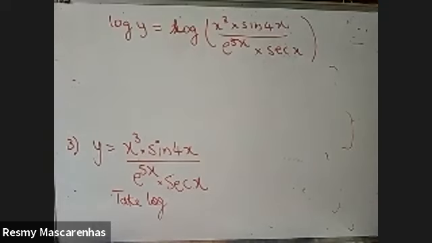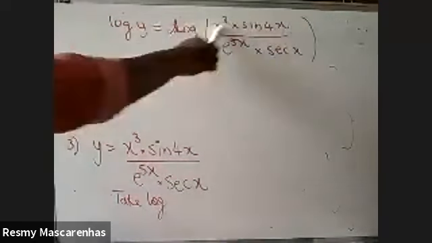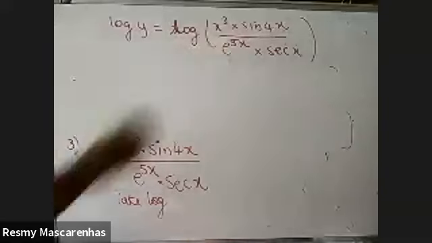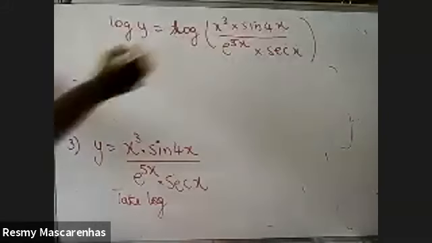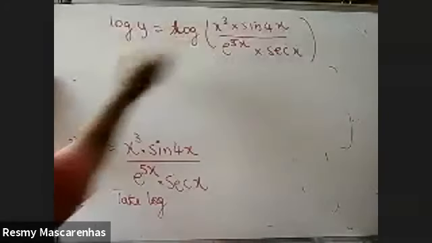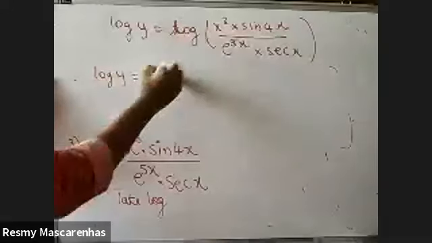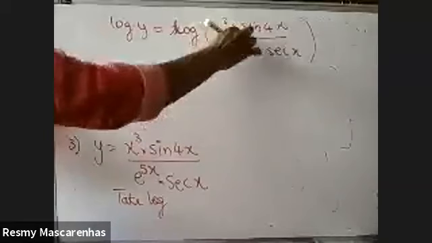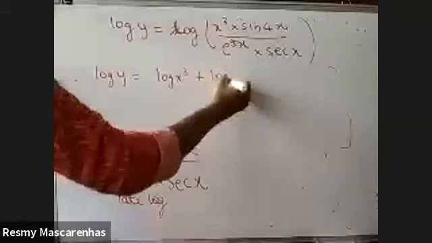Now you all know the formula. What is log of a into b? Log of a into b is log of a plus log of b. And if anything is at the denominator, it is minus. So you can split this as log a plus, multiply means plus, it will become log b.